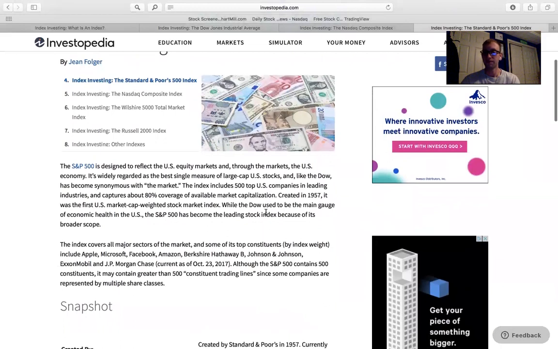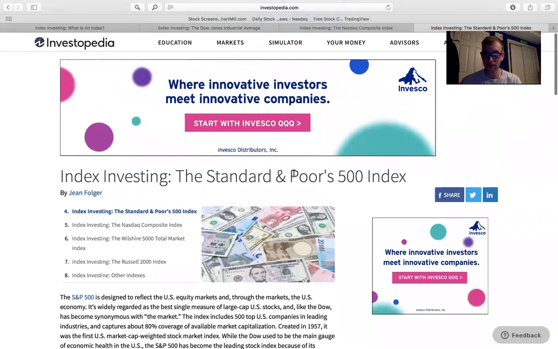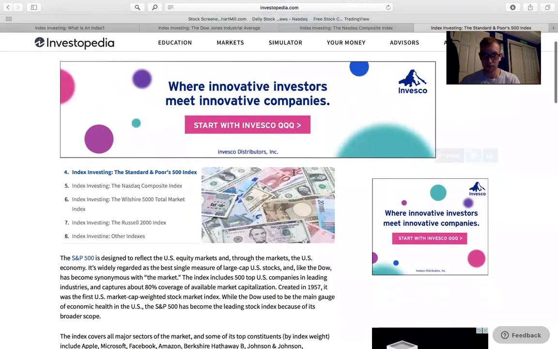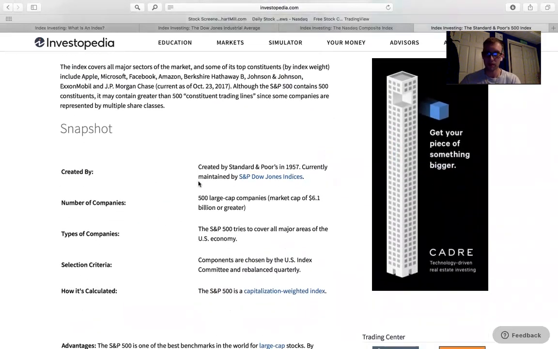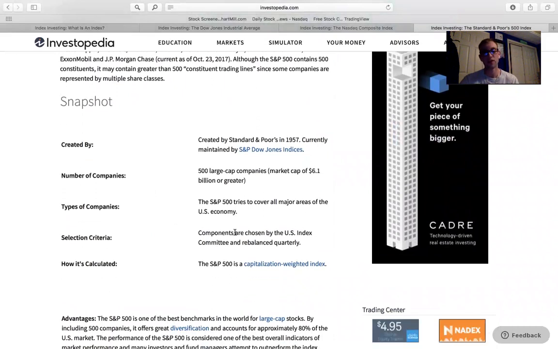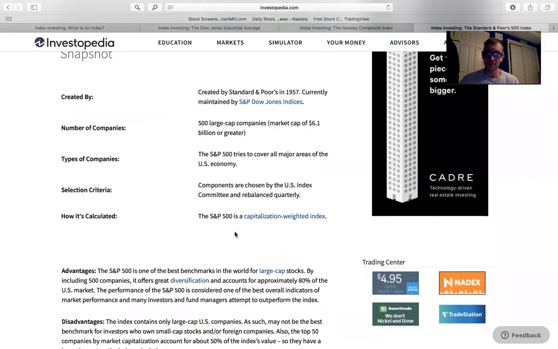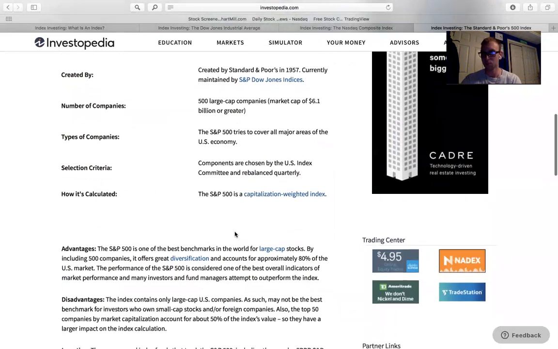The S&P 500, as it says at the top, stands for the Standard & Poor's 500 index. It's made up of 500 large cap companies, market cap of 6.1 billion or greater. It covers all the major areas in the U.S. economy. This is going to sound biased, but this is the perfect one for asset allocation. If you have to invest in one of these, this is probably the one I would invest in myself.